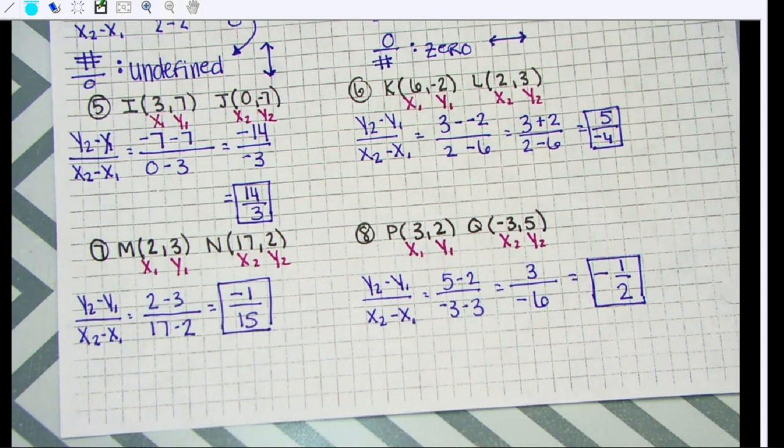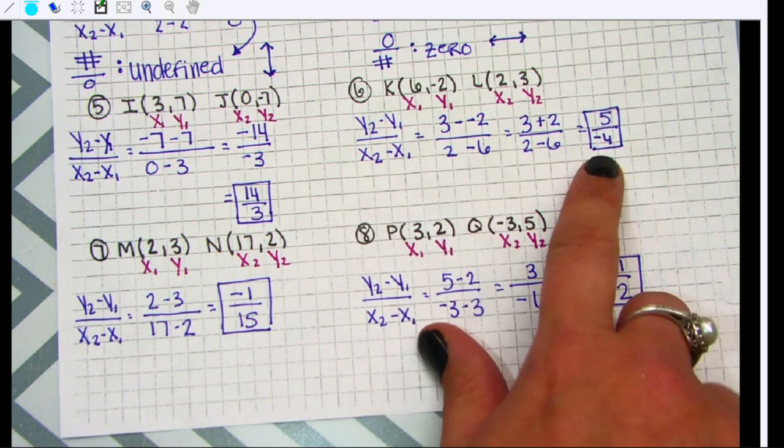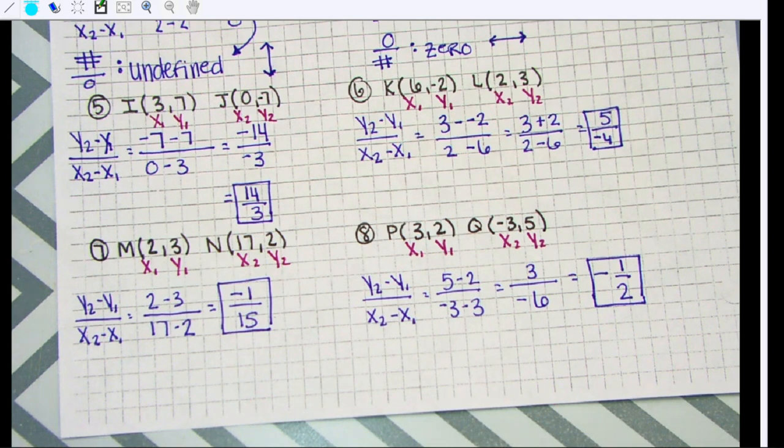I also saw some tiny mistakes where we're accidentally leaving off negatives. So just be careful if you're typing things into the calculator. 2 minus 6 is negative 4, not positive 4. So just be careful. We're losing our negatives just a little bit, but overall, I can deal with us leaving a negative off every now and then because you guys are really doing well plugging into the formula and actually simplifying the formula.